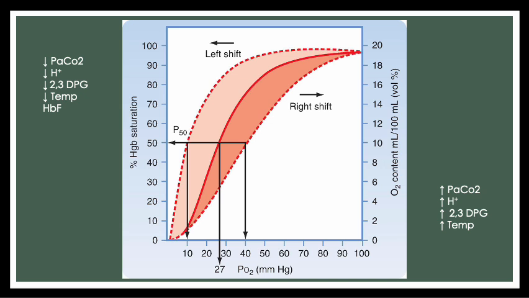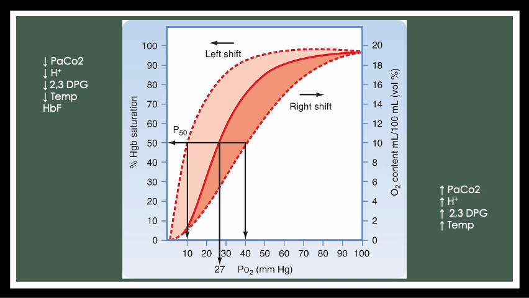And again, with a rightward shift, the oxygen molecule is going to be released from the hemoglobin to try to disperse into our tissues. So the way I remember this is a right shift, oxygen molecule is released from the hemoglobin molecule. And again, that occurs with increased PaCO2, increased hydrogen ions, such as during acidosis, increased 2,3-DPG or increased temperature.